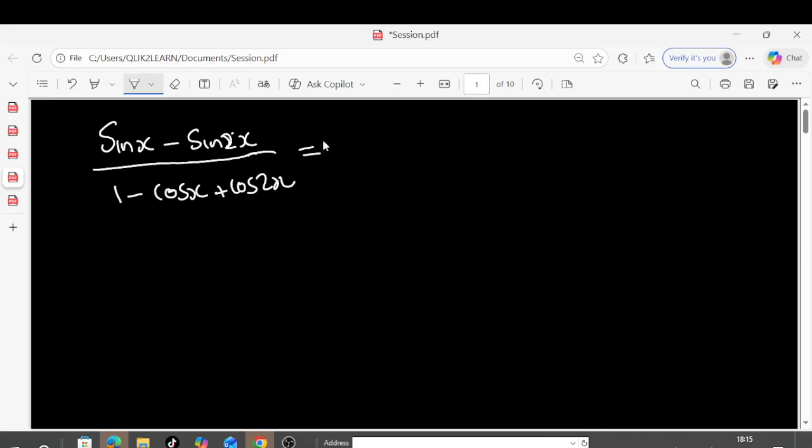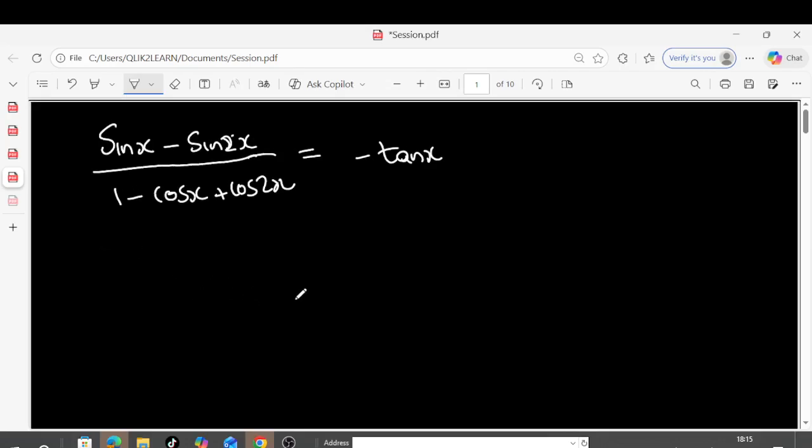And remember, this was equal to negative tan x. On this question we already did the proof, and I'm happy with that. So now this is how they will ask you to do the general solution.